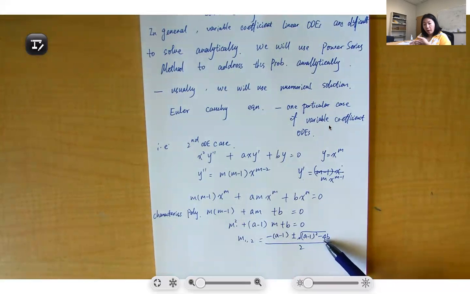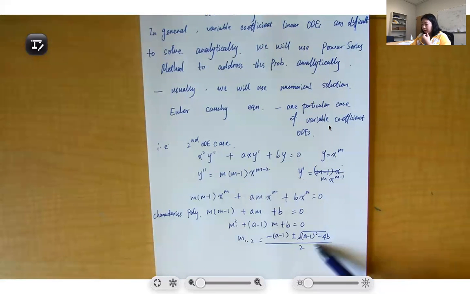If that is positive, then it will have two distinct real roots. Then you can directly write your final solution. If this one is negative, giving a complex conjugate, then your solution will look like a cosine and sine combination form, or you will have some imaginary numbers in your solutions.